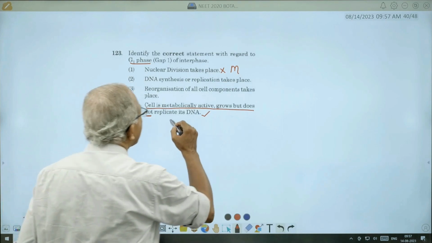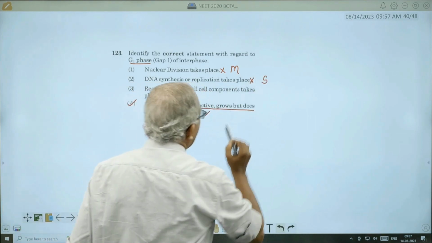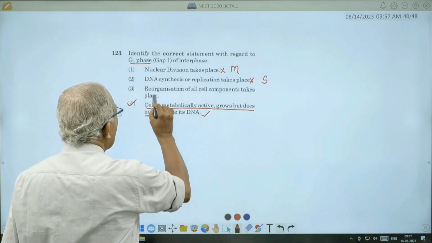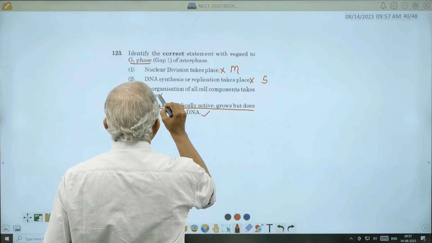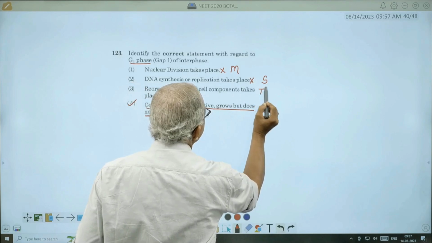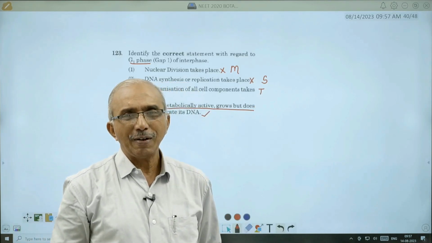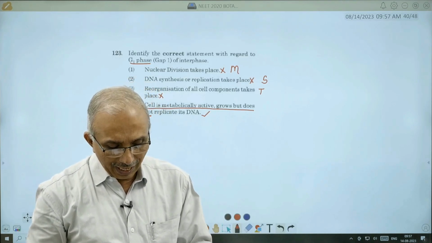DNA synthesis or replication takes place: wrong. It takes place in the S phase, not the second substage of prophase. Reorganization of cell components takes place: wrong, because it occurs in telophase. So the fourth option is the correct one.